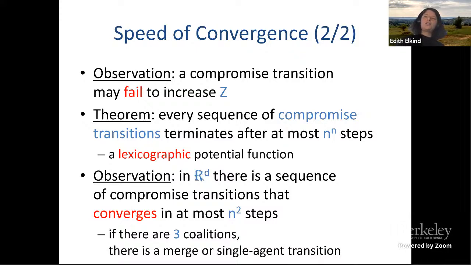So we tell agents: as long as there are 3 collisions, you're not allowed to do general compromises. You're allowed merge, follow, or single agent transitions with a change of position. And once you run out of those, and you're down to 2 collisions, then you're allowed an arbitrary compromise. They're still able to converge to a majority supported outcome, and they do so in quadratic time. So this is encouraging with respect to convergence.